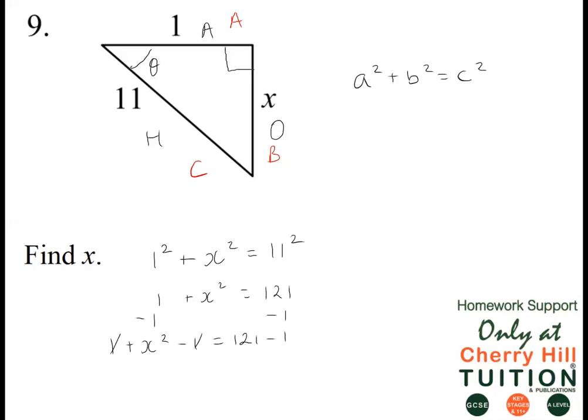The 1s cancel out on the left-hand side, leaving us with x squared is equal to 120. And we can square root both sides, leaving us with x is equal to plus and minus the square root of 120. And remember, because it's a length, we have to take the positive value. So x is equal to the square root of 120. Okay?